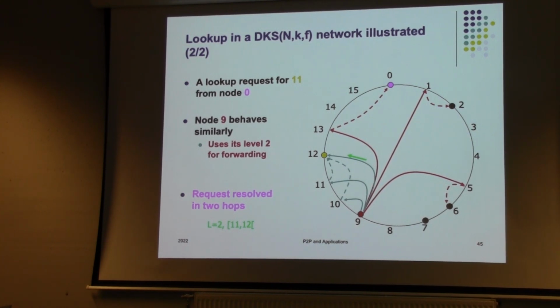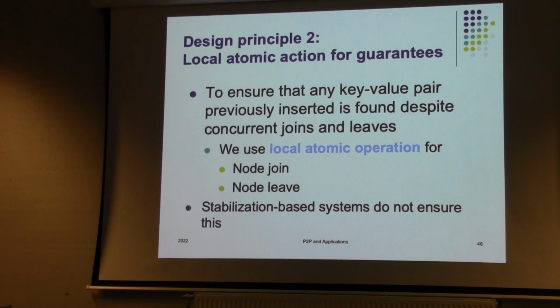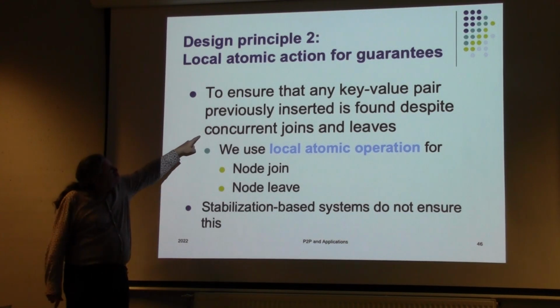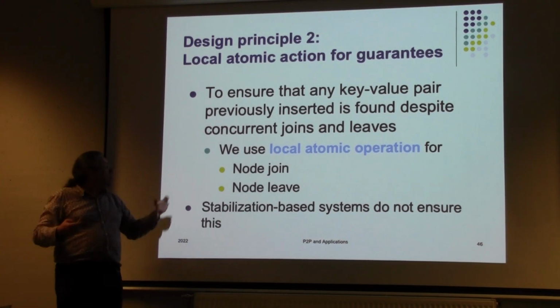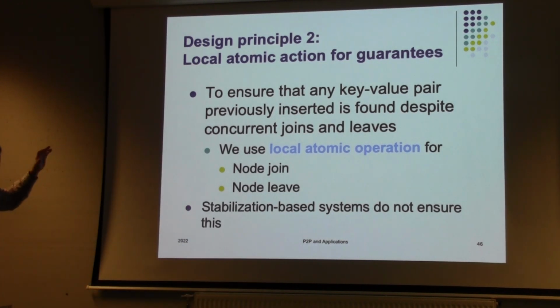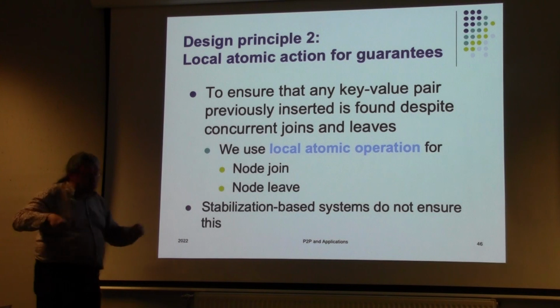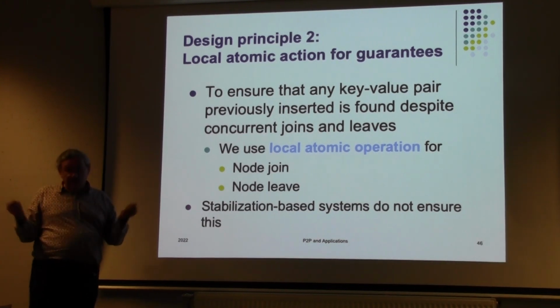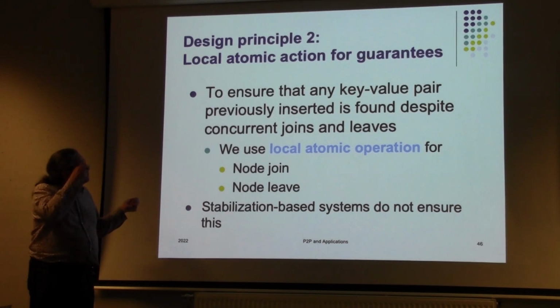That's the routing, the first principle. The second principle is the atomic action. Here I won't show the detail. Let's say we have new nodes coming in. So in this kind of a ring, which is doing file sharing, you always have new nodes trying to connect, and you have also nodes leaving, crashing or leaving nicely.